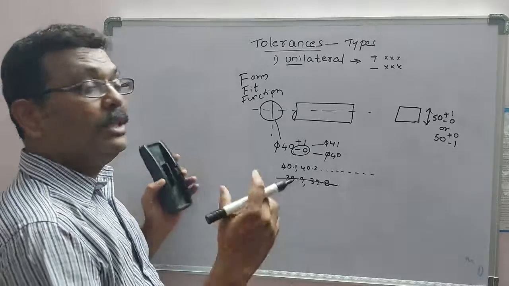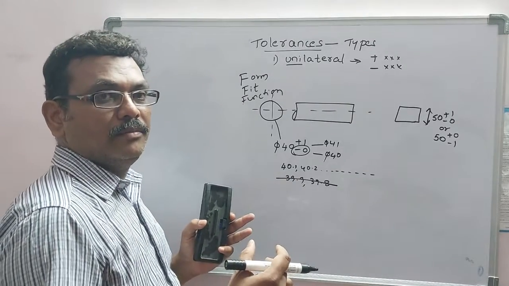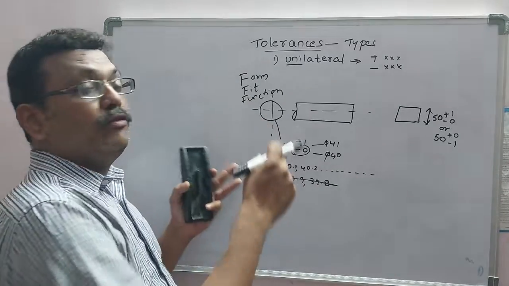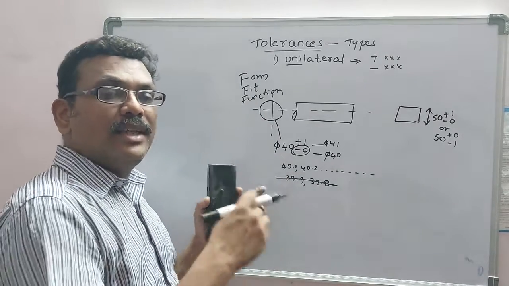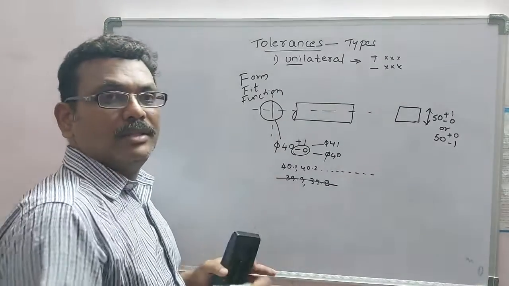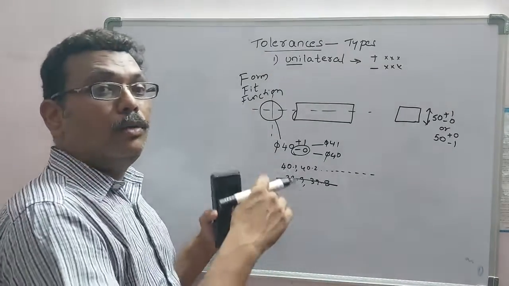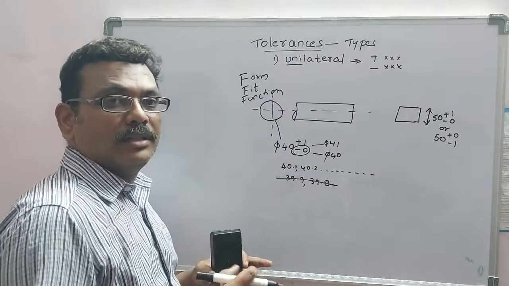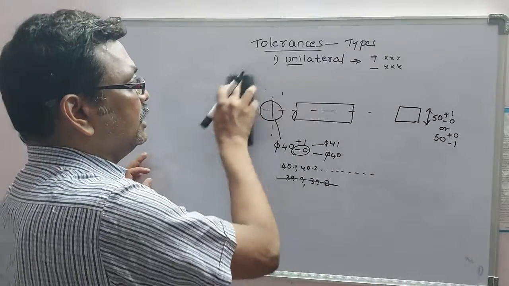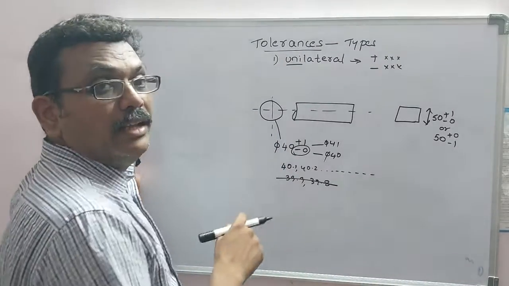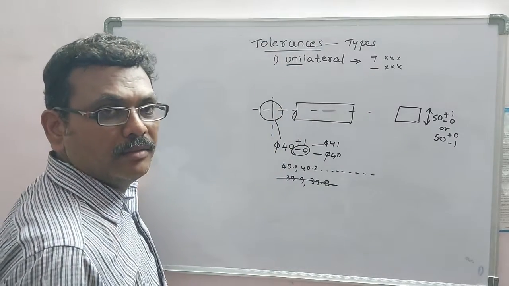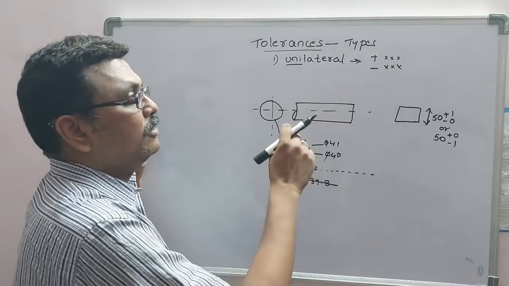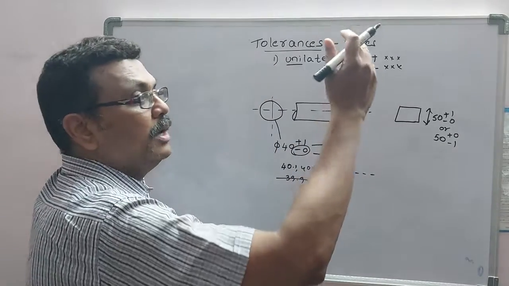Form, fit, function means how the part is going to assemble, how tight it is, and function: how it is going to be affected by the tolerance, and form: how the shape of the product is affected with respect to the tolerance. So we have to take all those things into consideration in deciding unilateral or bilateral. We should not simply say, this part we can give unilateral, this can go up, it cannot go beyond.